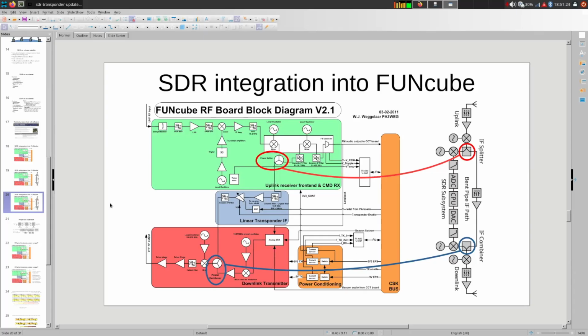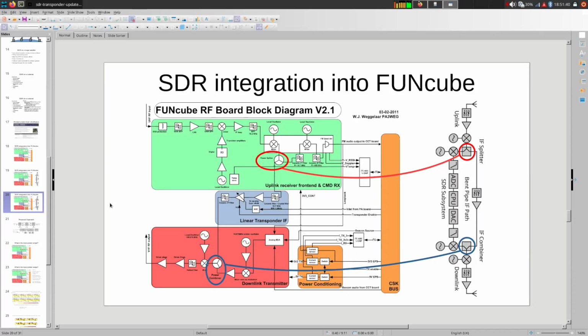And so we would be tapping off at a 10.7 megahertz IF, down converting that to baseband, going into an ADC, and then doing whatever processing.